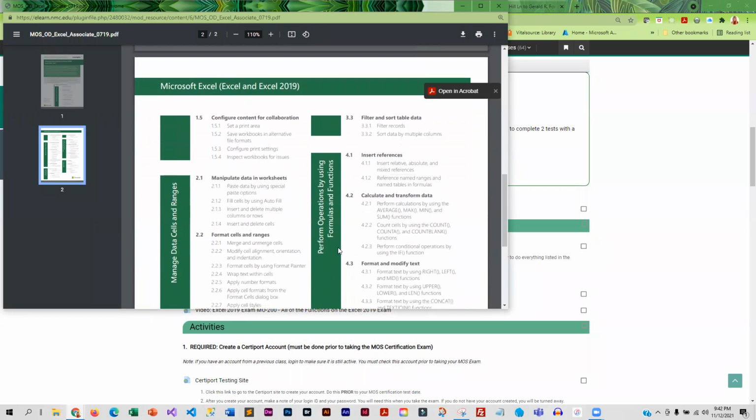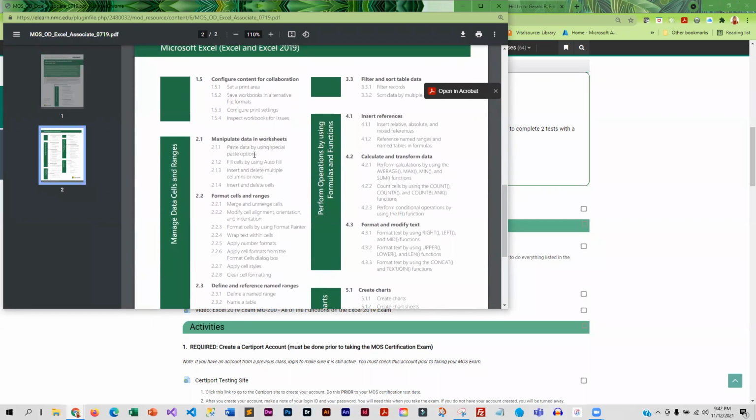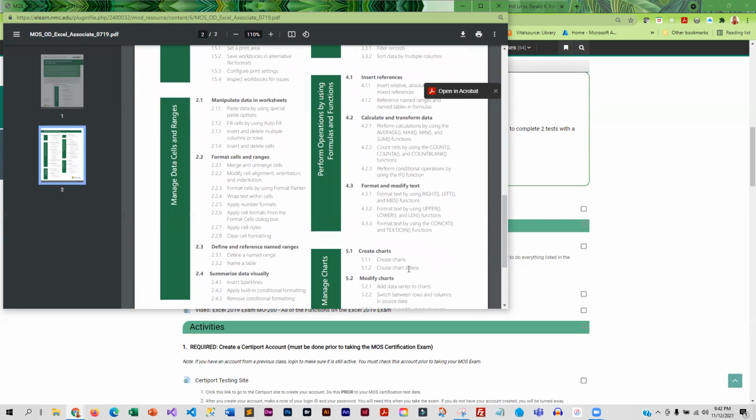So you very well may have a worksheet that asks you to do several of these different tasks. So make sure you know how to do all of these things. And I would focus on the things that you are maybe not as comfortable with.